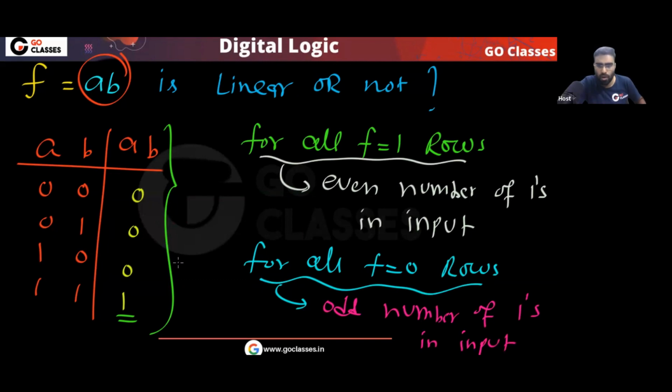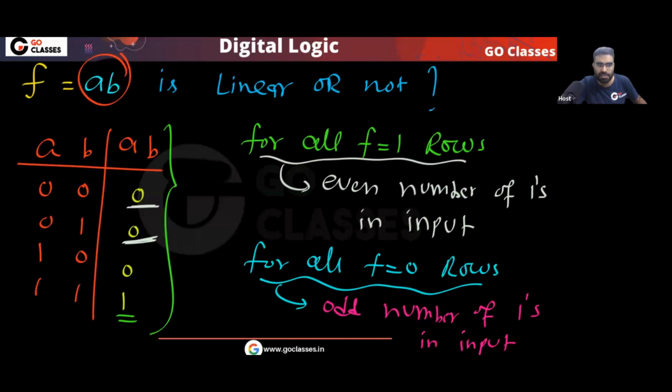No. Sometimes you are getting an odd number of ones, sometimes you are getting an even number of ones in the input. Yes or no? So this is not happening.